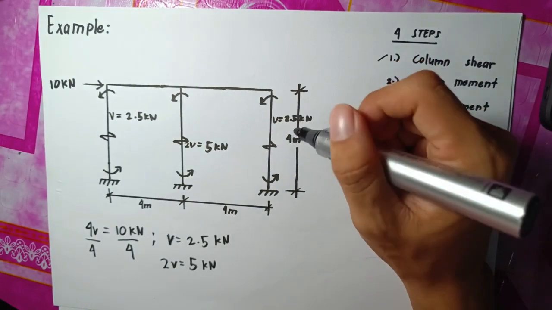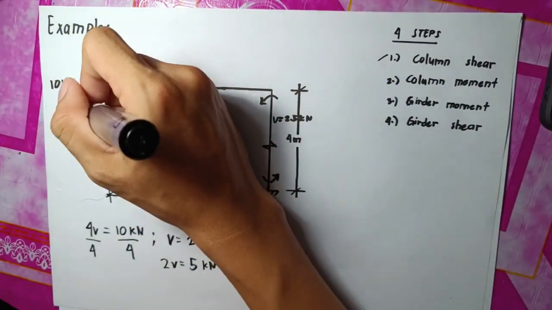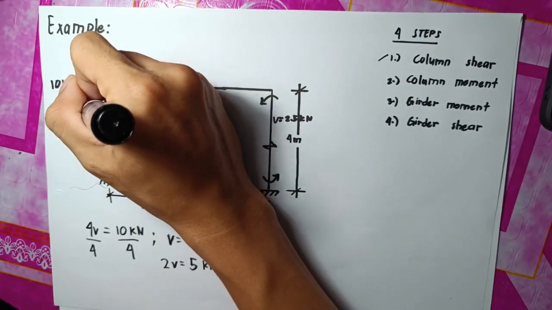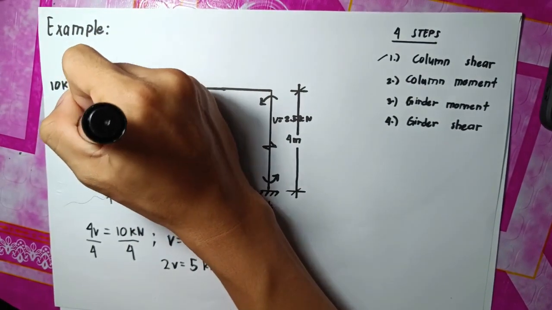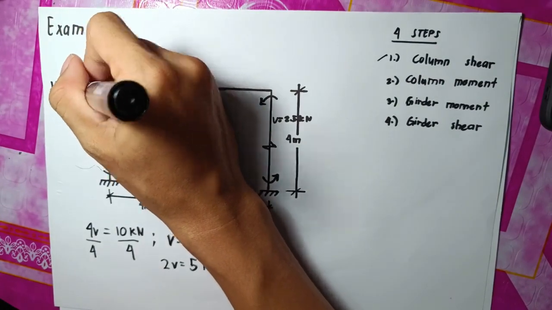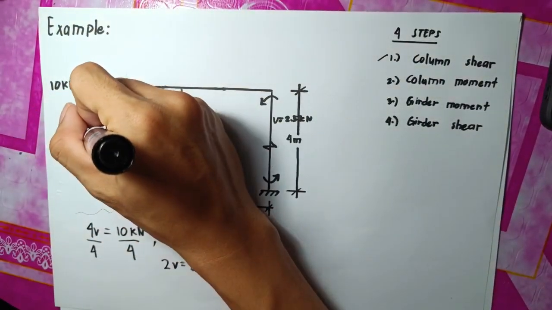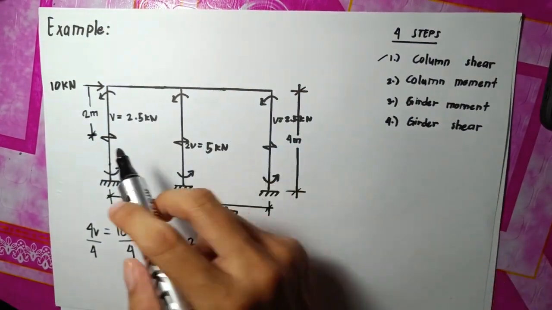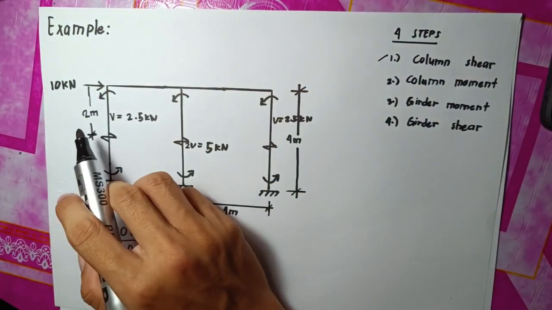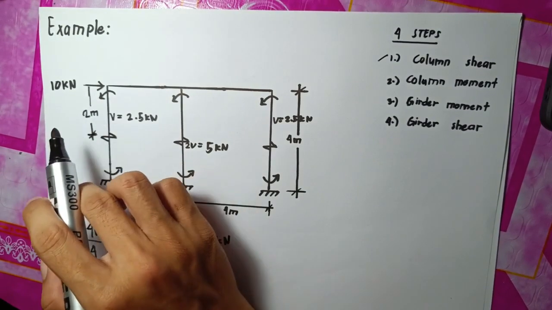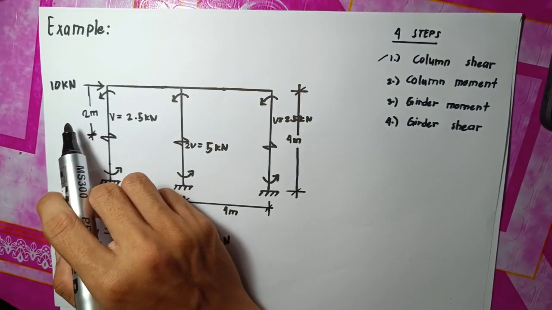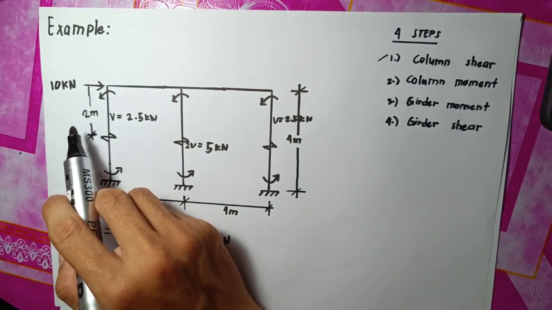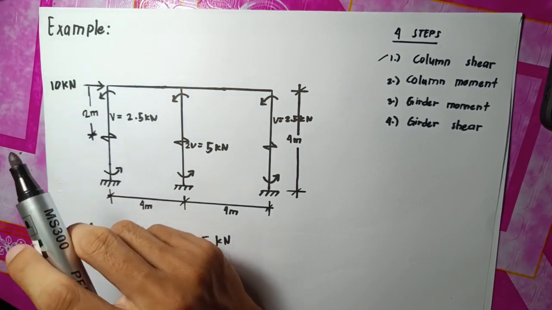So the half of 4 is 2 meters. And we must multiply it to the shear with the half of the height of the column or building.